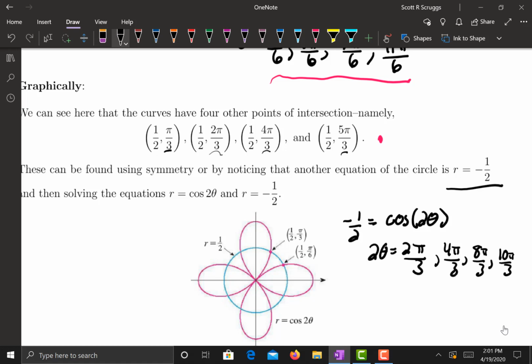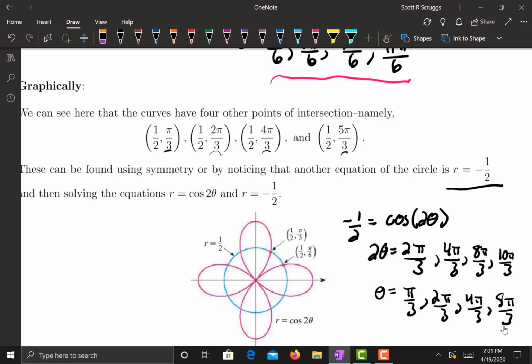And note that I got the last two by doing another full rotation about the unit circle. And then if I divide by 2, I'll get pi over 3, 2 pi over 3, 4 pi over 3, and 5 pi over 3 from before.